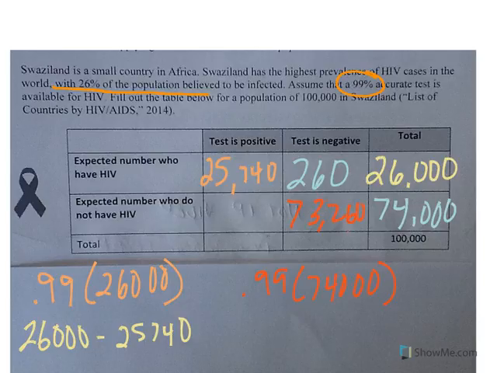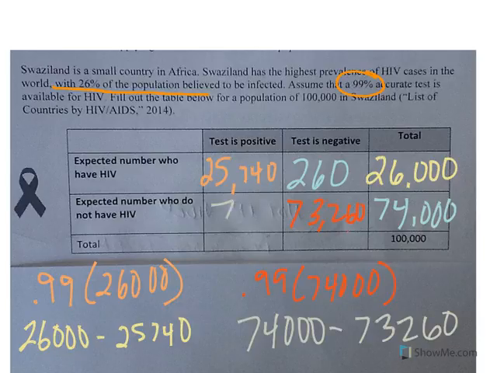And if I have 74,000 total and 73,260 test negative, that means 740 are going to test positive. So I'm going to go ahead and add up my totals. I have 26,480 total positive testers and 73,520 negative testers. Again, those two pink numbers need to add up to 100,000, and they do.